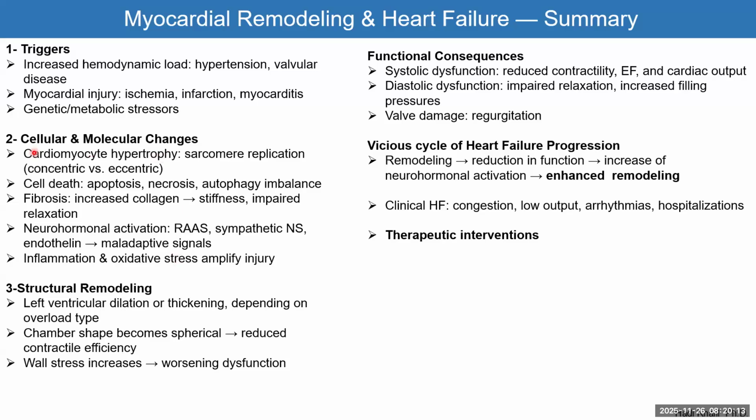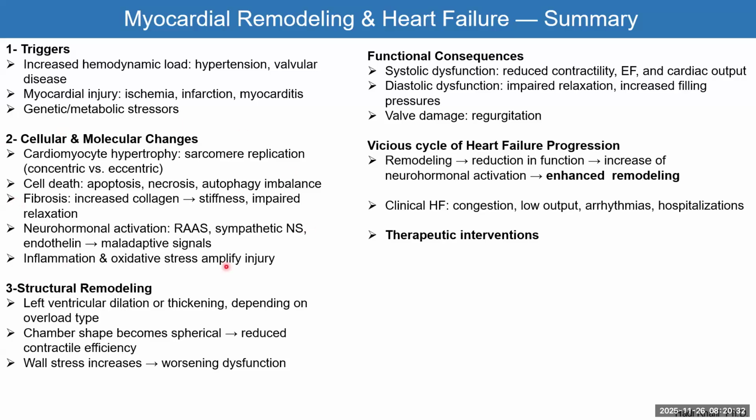Of course, the first step would be adaptation, like in the hypertrophic response and in the fibrotic response, but it could get to a level where an apoptosis, necrosis, and autophagy imbalance takes place.